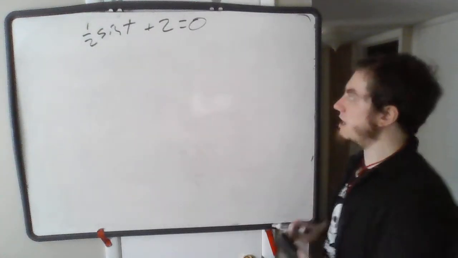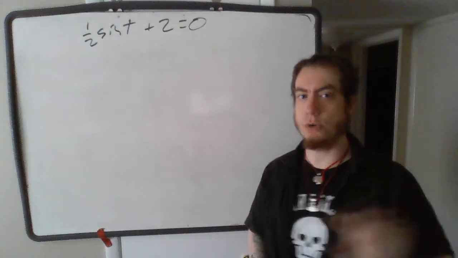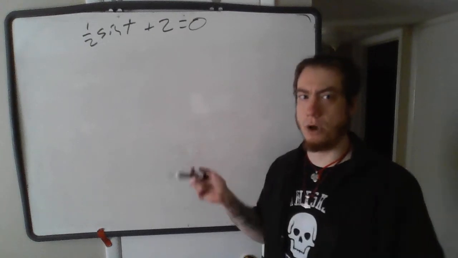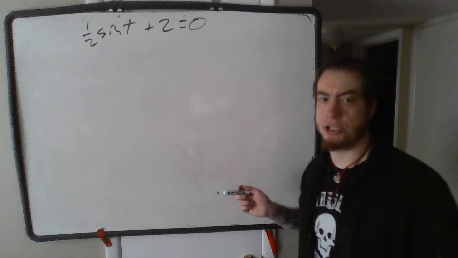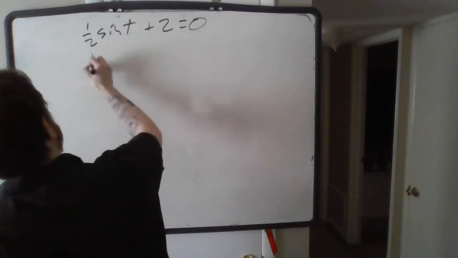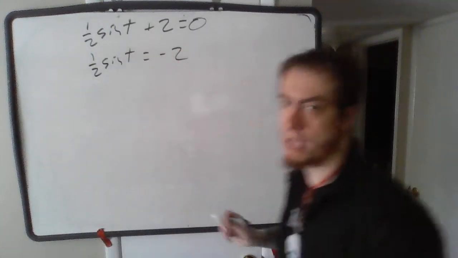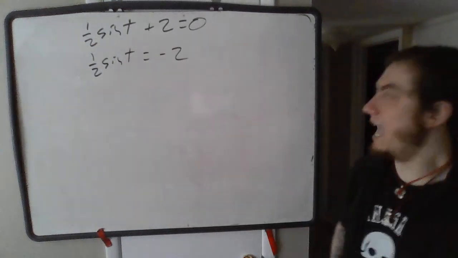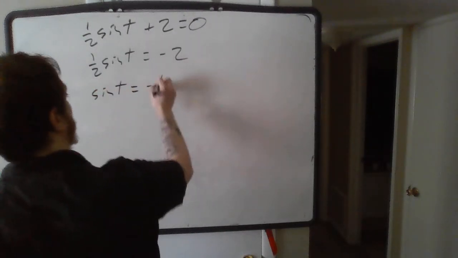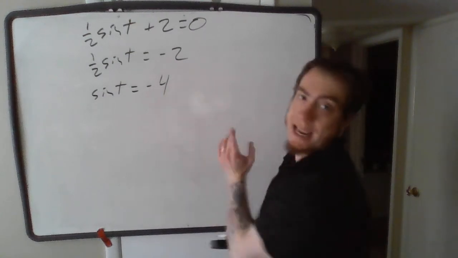Okay, did you come up with any kind of an answer? The answer to this one is almost too easy in one sense. You might think, this doesn't seem like it can be right, it seems like it should be more complicated. The way I would solve this is I would say 1/2 sine t equals -2, just moving the constant over. Then I can multiply both sides by 2, so I get sine t equals -4. There's no problem with the fact that this is a negative number.